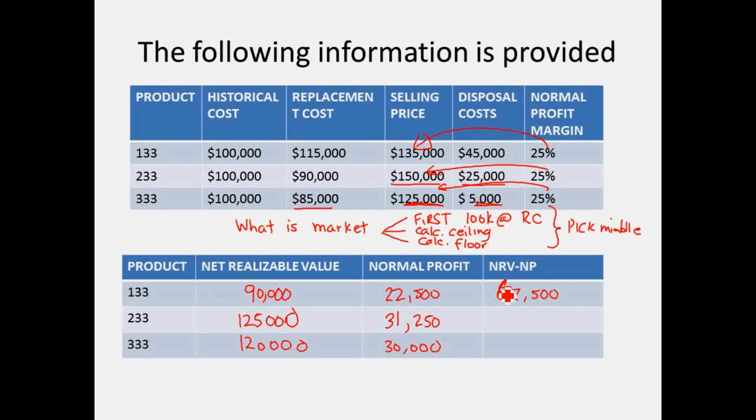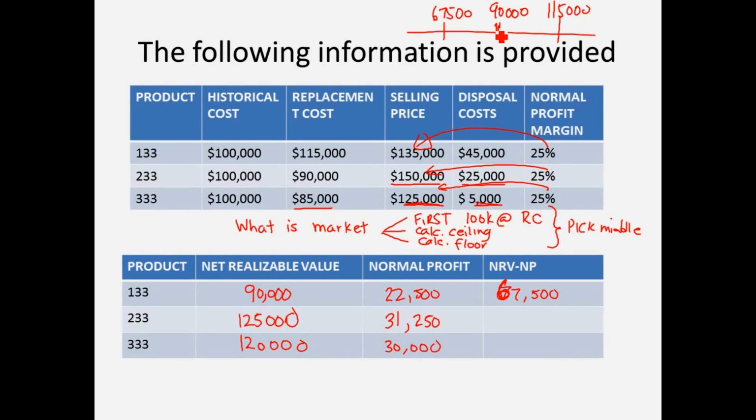So I'm looking for what is the market. Replacement cost is 115. This is the ceiling. This is the floor. Which should I use? What's the middle? 115, 90, or 67.5? There's 67,500, there's 90, and there's 115.